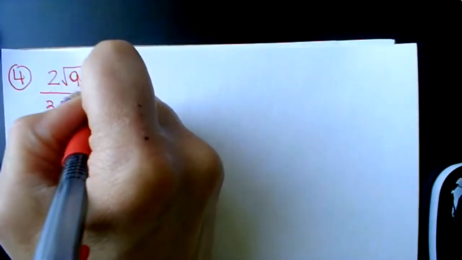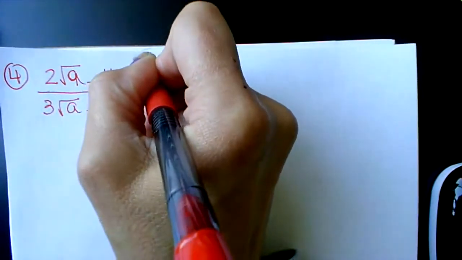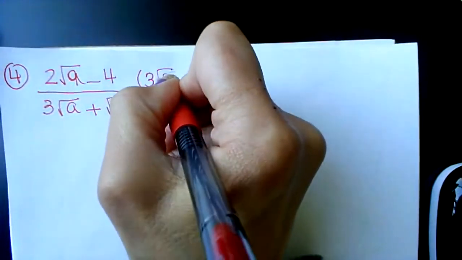This is number 4. Sorry, this is an A plus square root of B. Okay, so I'm just going to multiply by the conjugate of the denominator.